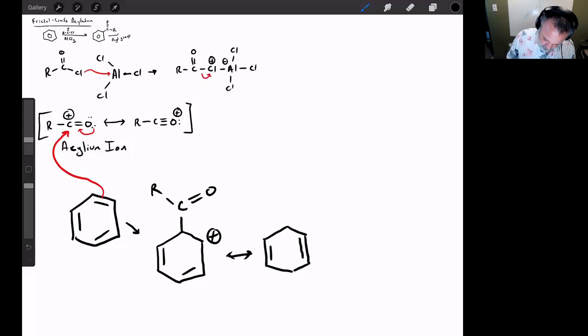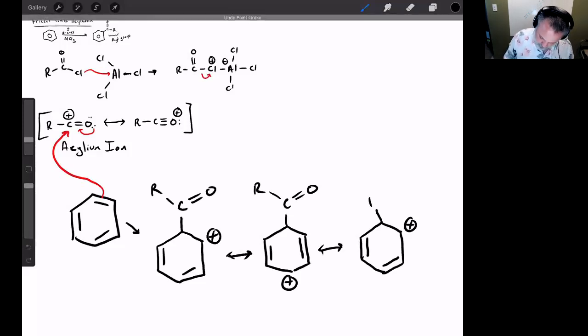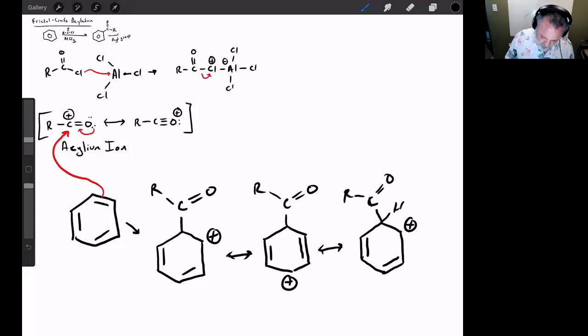I'm still going to show the 3 different resonance structures in the sigma complex. And then I'm still going to show something coming along as a base.